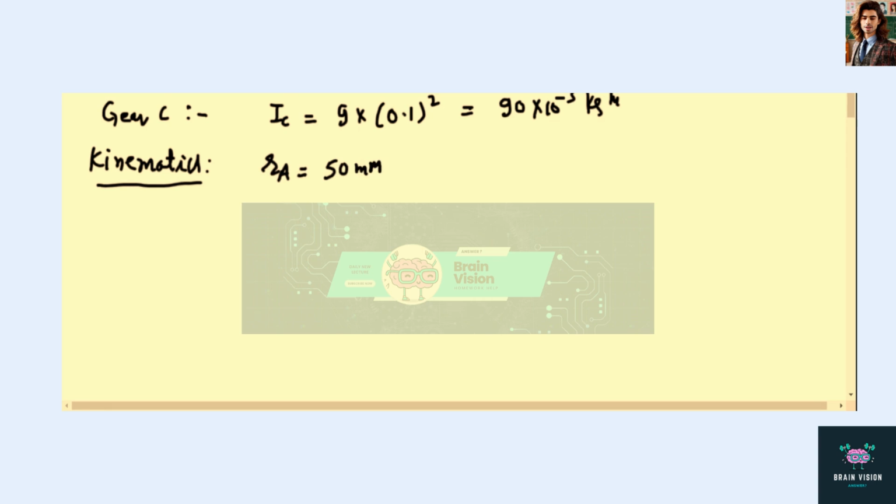Gear B has two radii, inner and outer, as there are two gears: R1 is 100 millimeter, the outer one, and R2 is 50 millimeter.